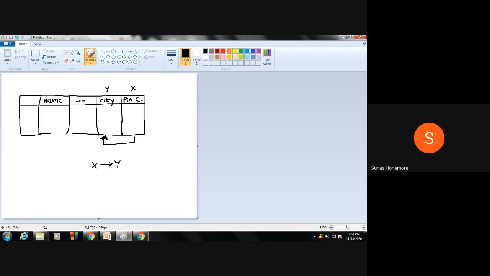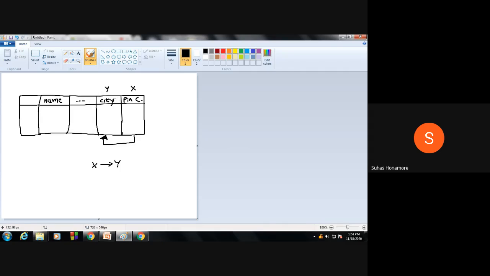Can I say the same, that if I know the pin code number I can derive that student's name? No. In one pin code there may be n number of students, so we can't derive it. Here the pin code number can derive the city. This is functional dependency.